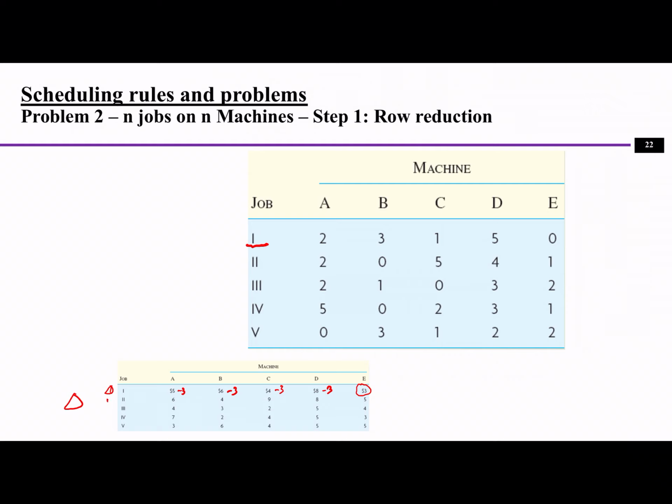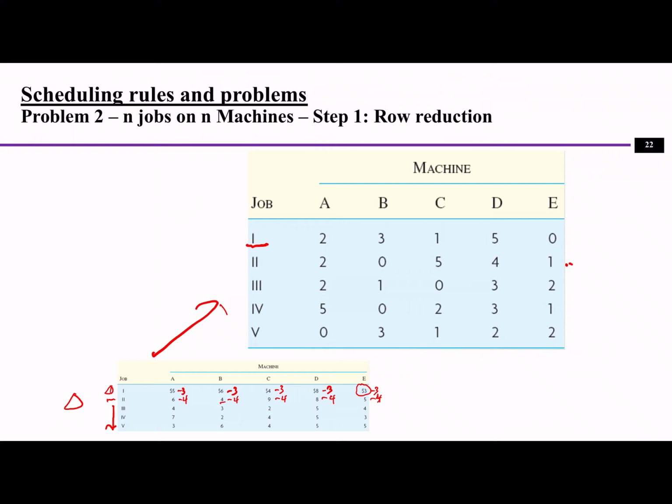Then the second row here, the smallest number is 4, right? So 6 minus 4, 4 minus 4, 9 minus 4, 8 minus 4, and 5 minus 4. Then we get the second row here: 2, 0, 5, 4, 1. Consequently, we can do the rest of the row reductions, and then we get this matrix.